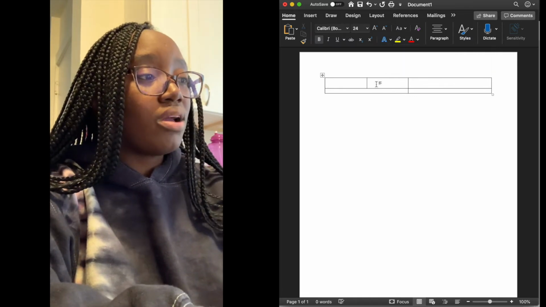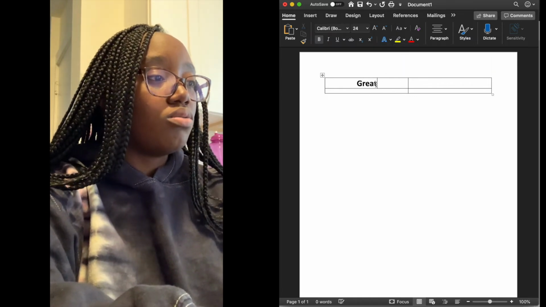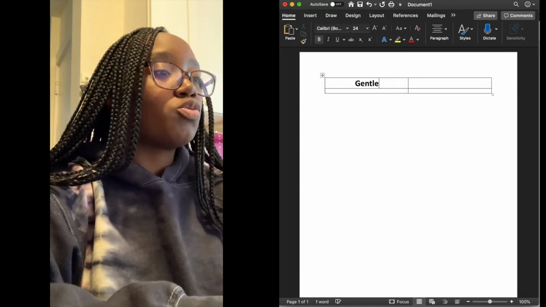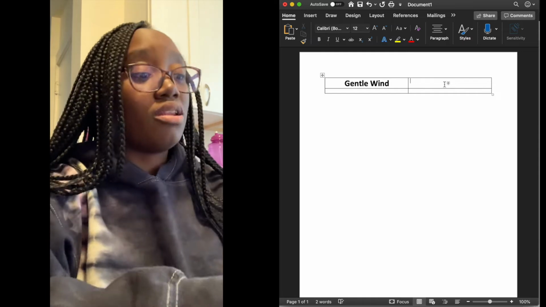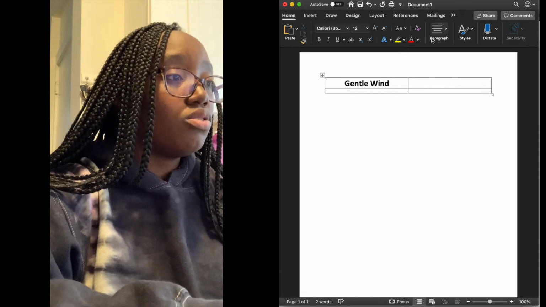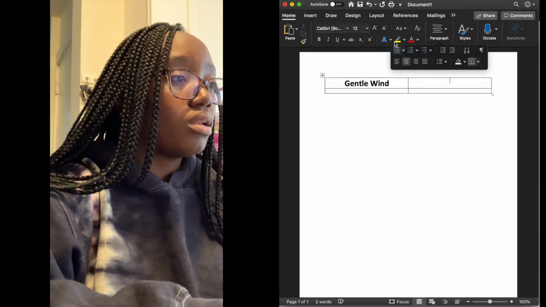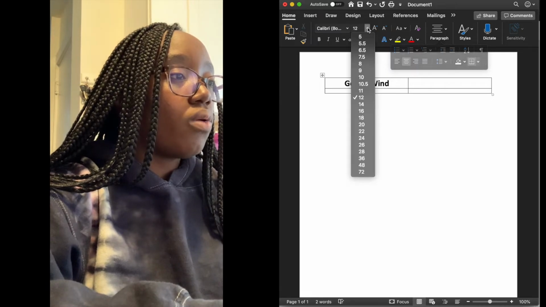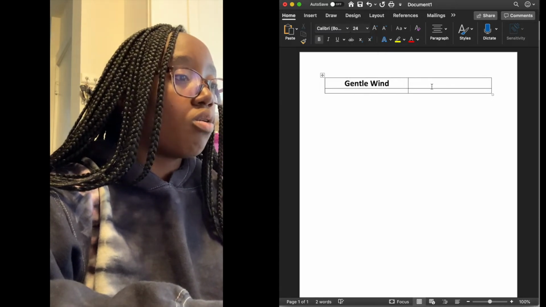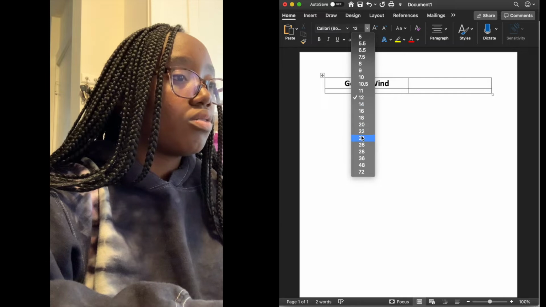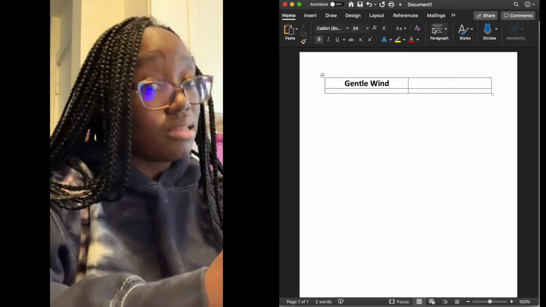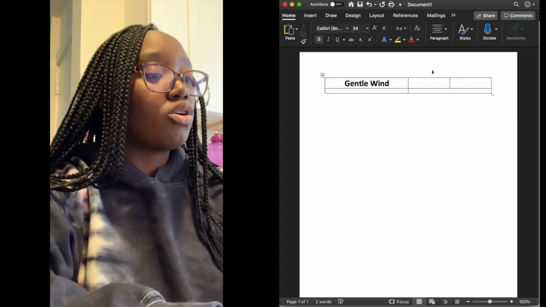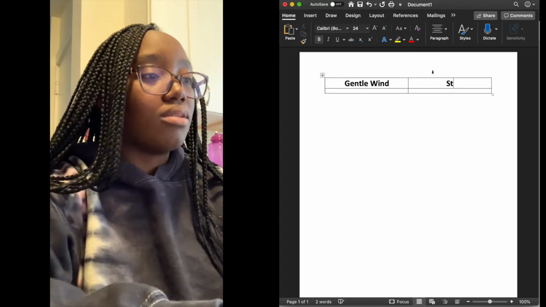On the first one, we're going to put gentle wind, because under that we're going to list how the wind is being gentle. On the next box in the middle, using the same qualities, we are going to put strong wind, right? We're also going to make it bold because, again, it is telling us what we're talking about. So, strong wind.